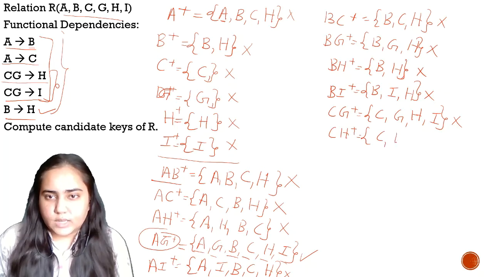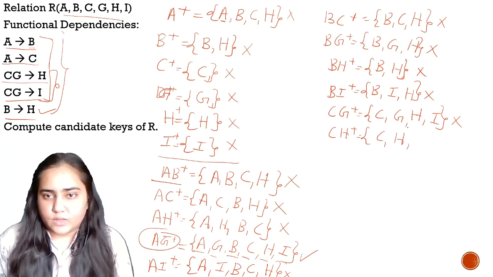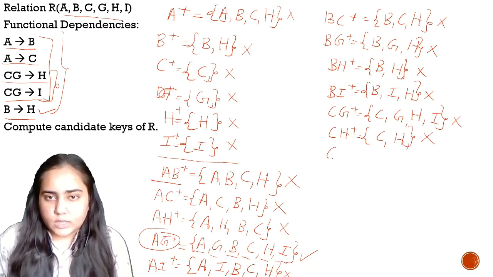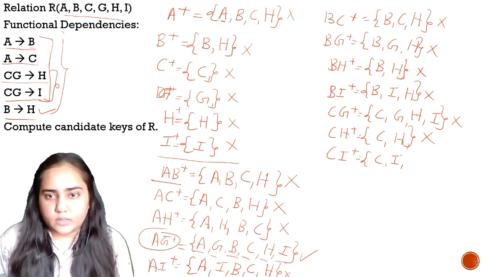So C and H will be present, but because of those two, I cannot add anything else. So this is not a candidate key. And CI plus, this means I have C, I have I, but I cannot add anything else other than this. So this is not a candidate key.